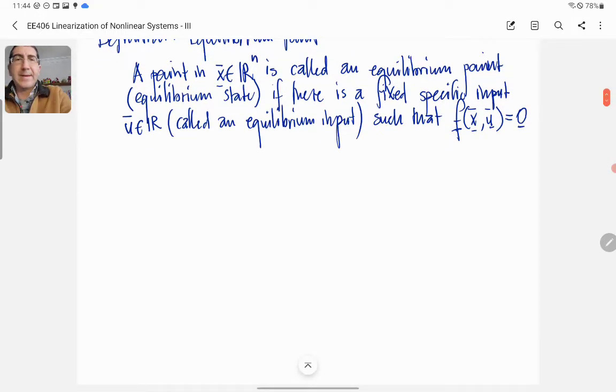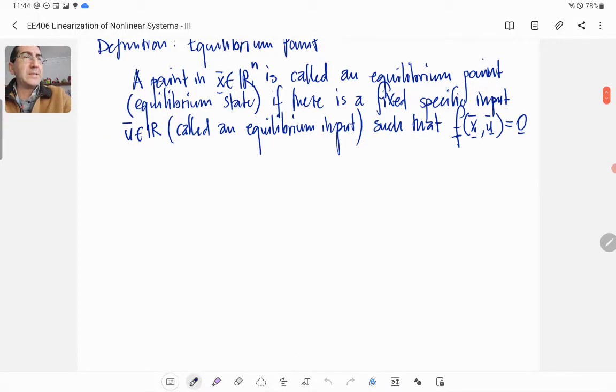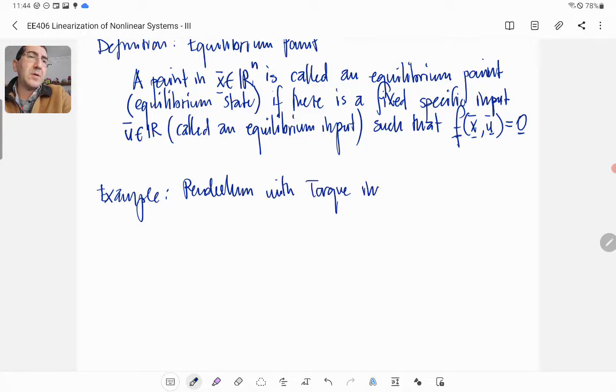So let's take a look at our pendulum example. So pendulum now with torque input. Okay, so a pendulum which has a motor in the center and which drives the pendulum.